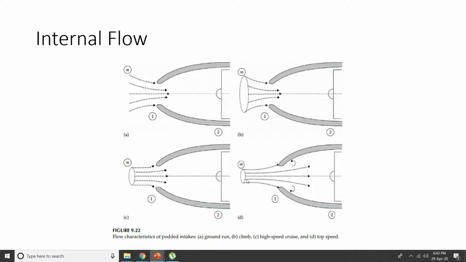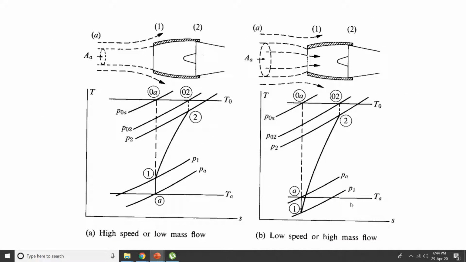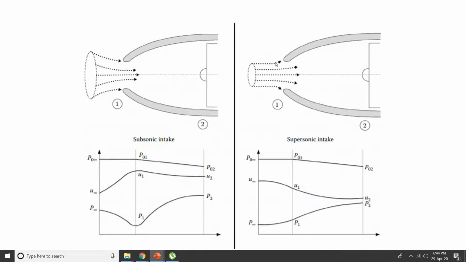So when the capture area becomes very small, you'll have flow separation. If you see the streamline here, it is trying to form a vortex. So this will reduce the mass flow rate further, and that is not good for your compressor. Okay, so that is called flow separation.